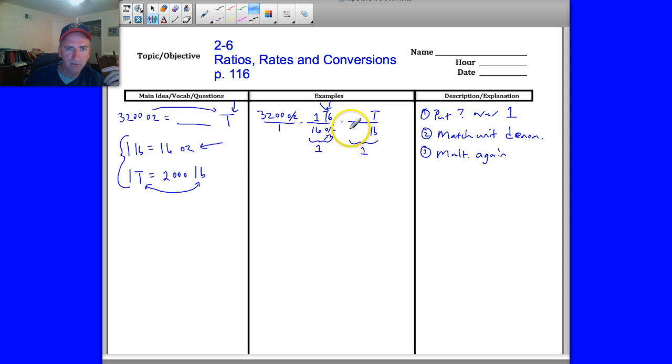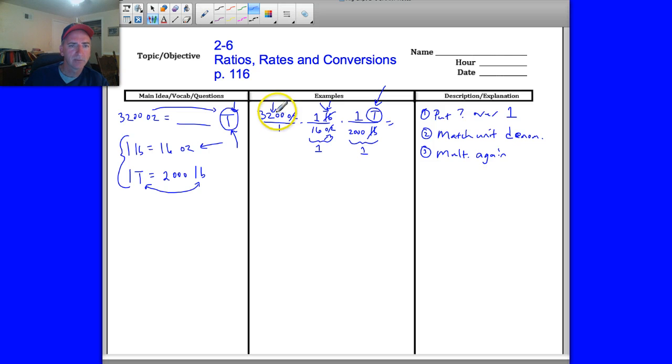I tell you right here, 2,000 pounds is equal to 1 ton. So all you're doing is multiplying 3,200 ounces times 1 times 1, just using this form of 1. Now watch what happens. This pound and this pound cancel out. What we're left with is ton, and that's what you're trying to find in the initial question. You're trying to convert it to tons.